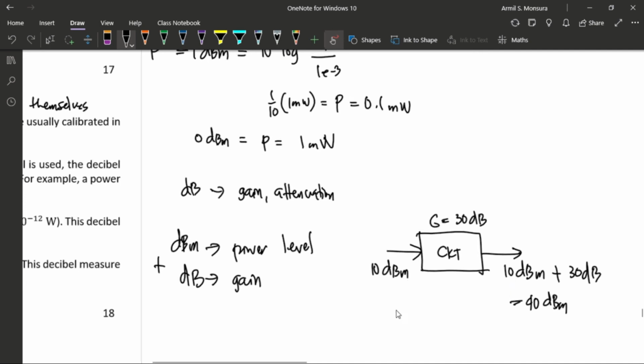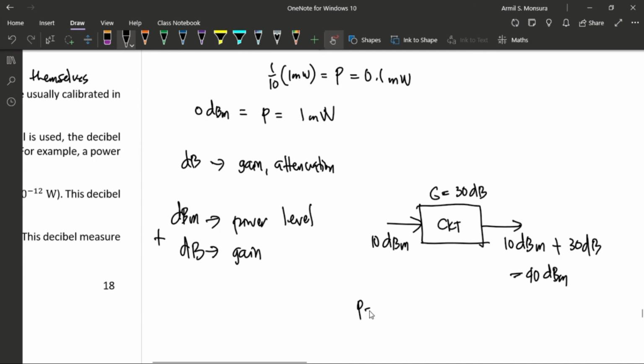You can counter check that. The actual power level at this side of the circuit is 10 raised to 10 over 10, so this is 10 milliwatts. So the power input is 10 milliwatts. Our gain is 10 raised to 30 over 10, so that's 10 raised to 3, which is 1,000.